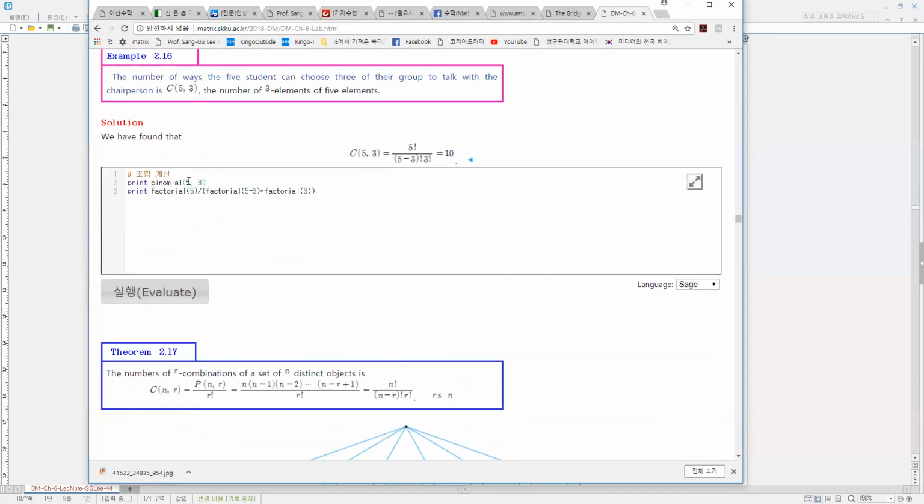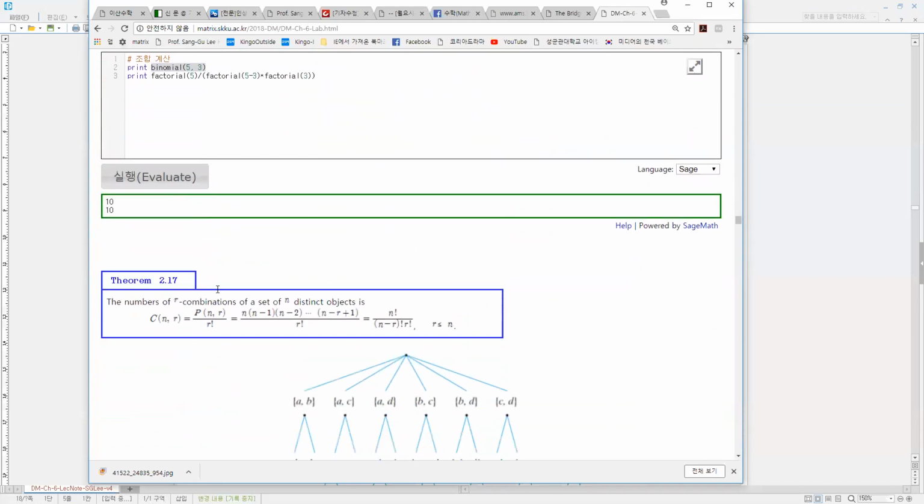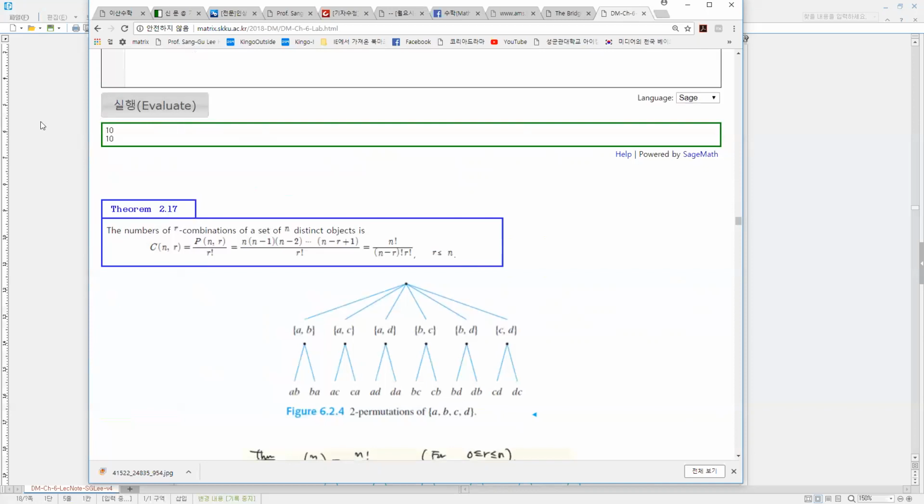Here, 5 choose 3: factorial of 5 over factorial of 5 minus 3 times factorial of 3, which is 10. This gives you the same thing. This computation can also be found with the binomial of 5 and 3, which is the same as 5 choose 3.